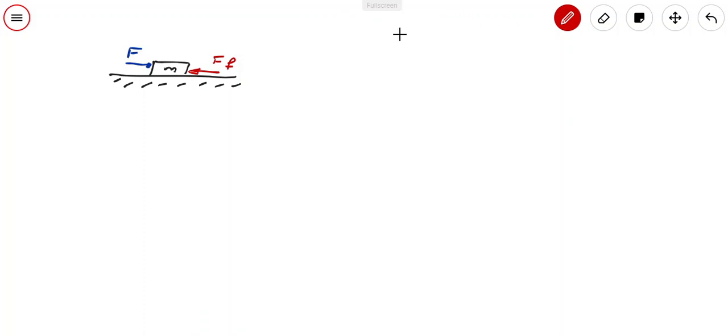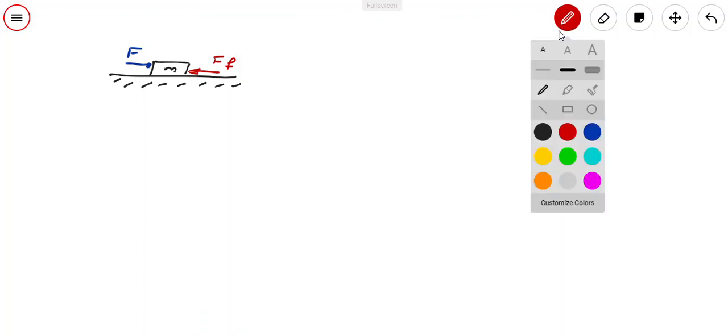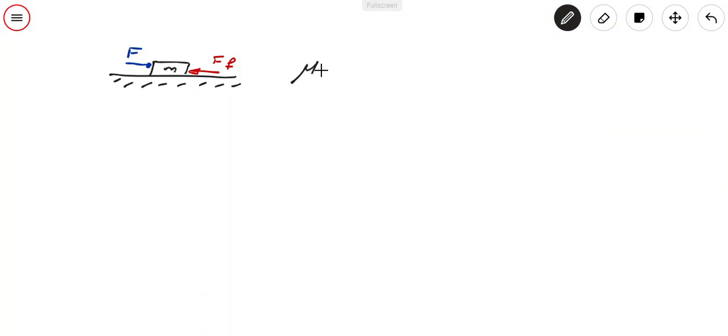Now, as I have explained in my lecture, we have two different types of friction. So we have two different types of coefficients of friction. We have the coefficient of static friction and we have the coefficient of kinetic friction.